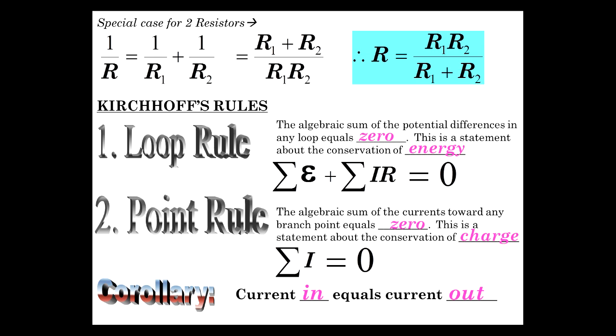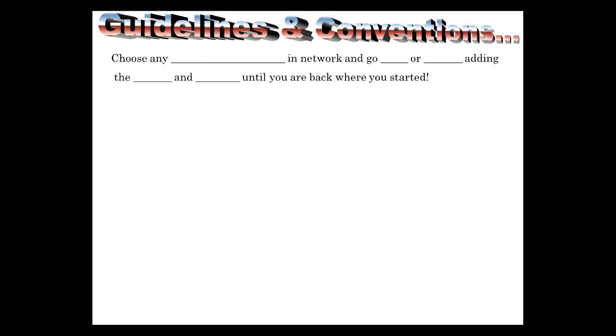And now let's look at some of the rules for applying these principles. Okay then, rules and guidelines, conventions for the basic Kirchhoff rules we just defined. First, choose any closed loop in the circuit, the network of loops, and go clockwise or counterclockwise, your sovereign choice, adding the EMFs and the IRs until you're back where you started.